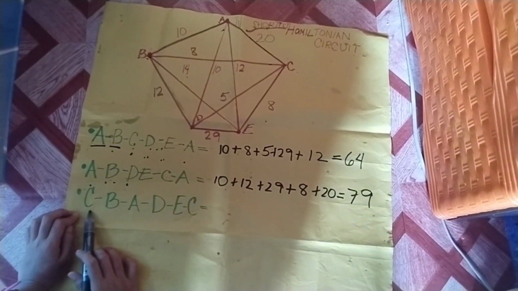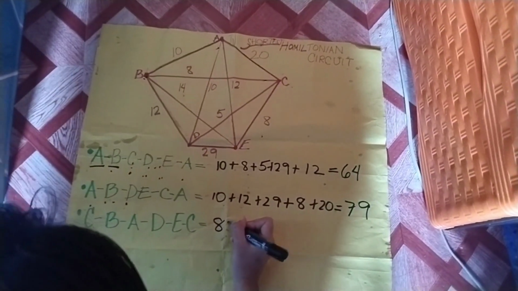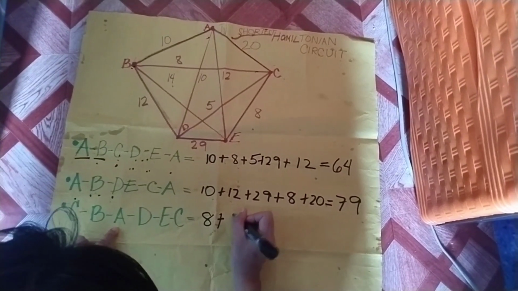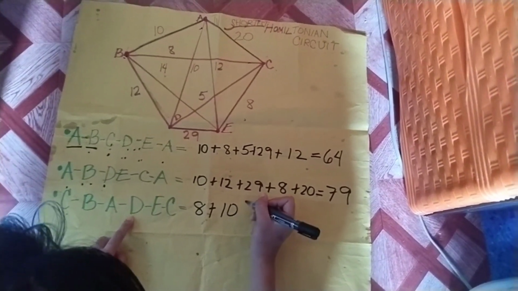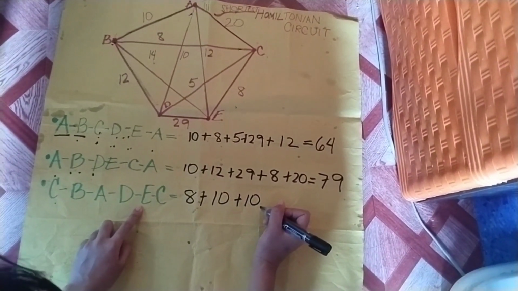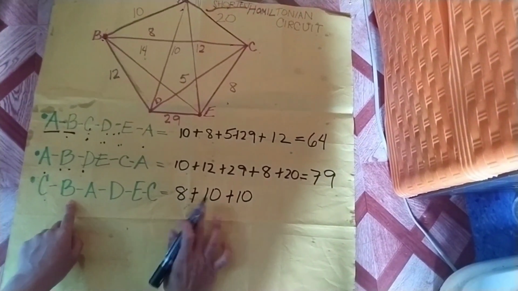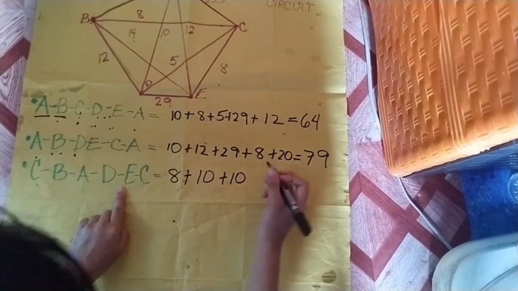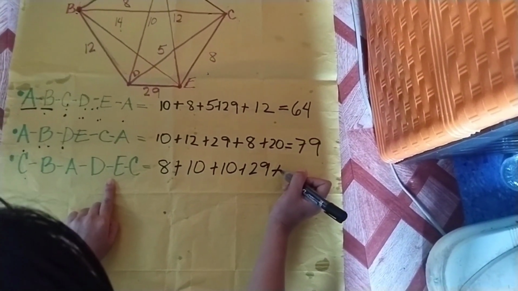And the last, C to B, we have 8, plus B to A, we have 10, and A to D, we have 10, and D to C is 29.